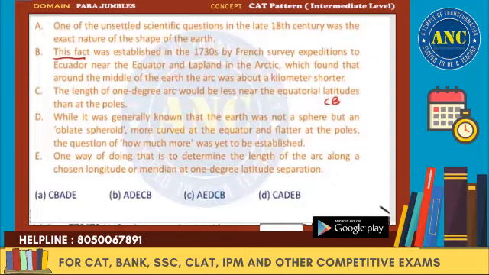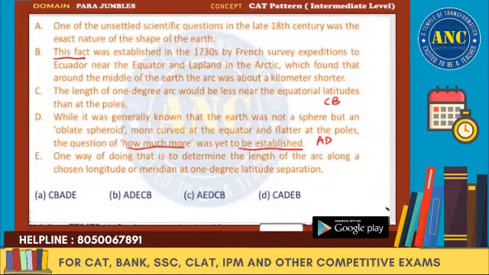In A, he says that one of the unsettled scientific questions was the exact nature of the shape of the earth. While what we knew was this, this is what was yet to be established. So it was generally known that it is not a sphere but an oblate spheroid, but how much more was yet to be established. So AD seems like a good way, a logical flow.